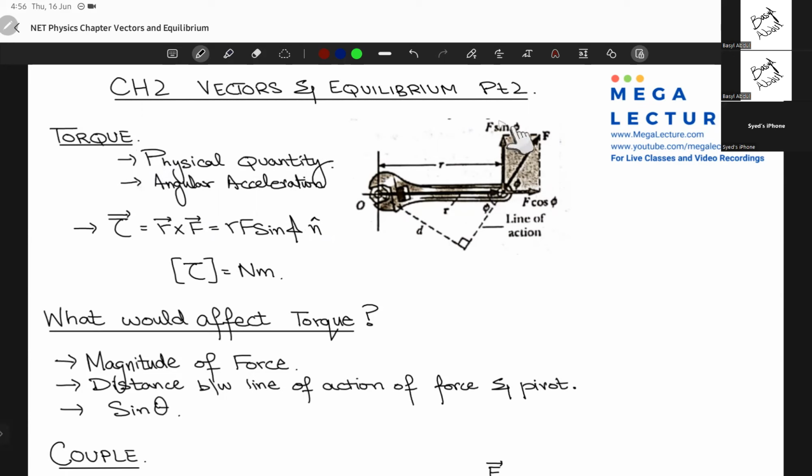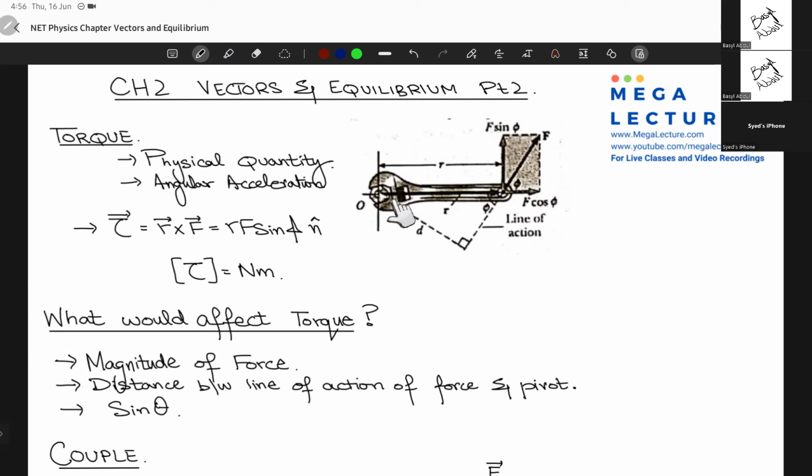So if you consider this example diagram, you have this wrench, which is unscrewing this bolt over here. You're applying a force in this direction, and the only force contributing to unscrew this bolt is F sine phi.